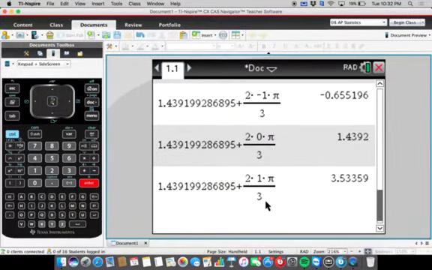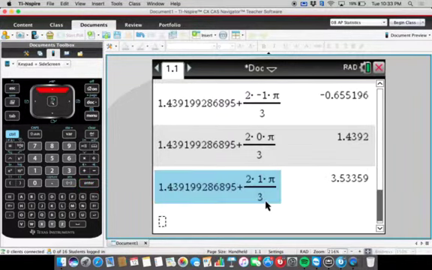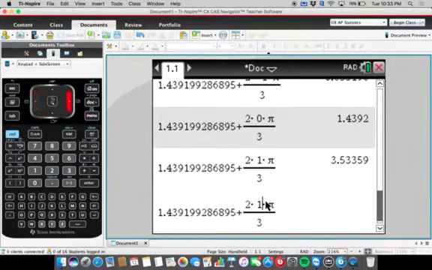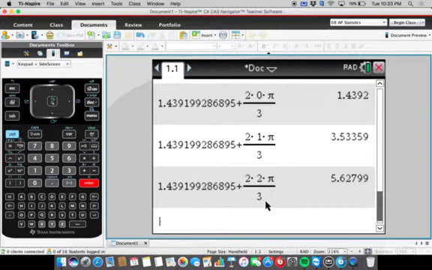Then for k equal to 1, we get 3.53359, which also works. If you check when k is equal to 2, you also get a solution, 5.62799.